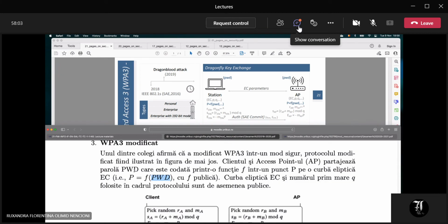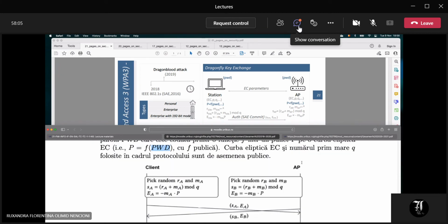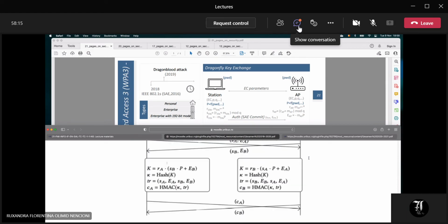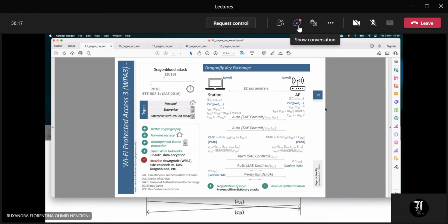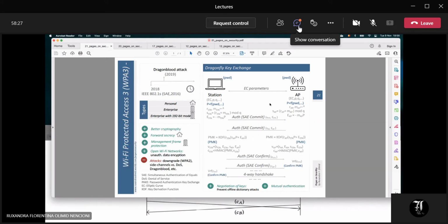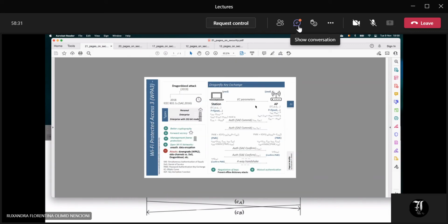So basically, what's the difference? I don't know how to make this one so that, because otherwise it's too small and you will not be able to see anymore.